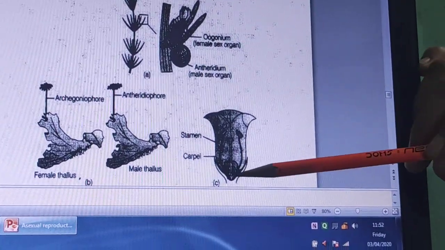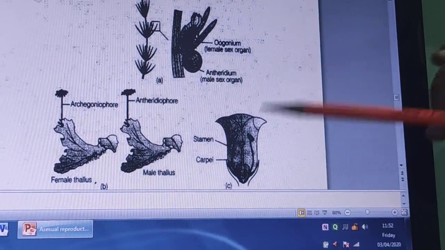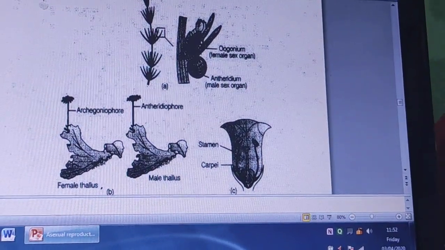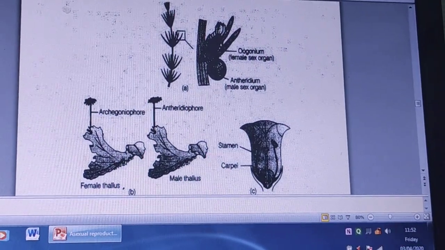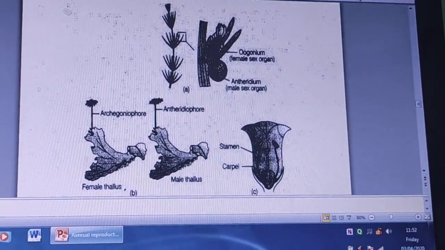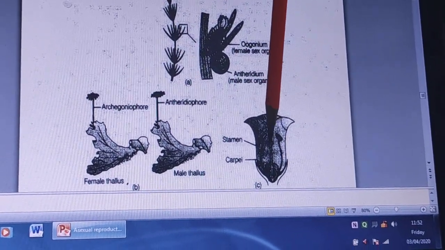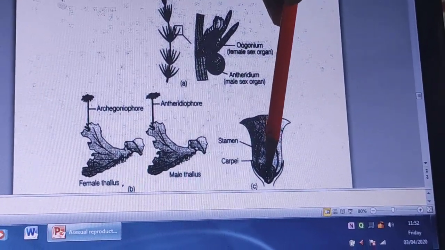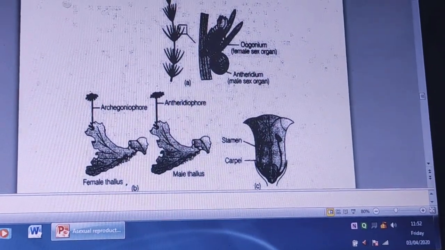The ovule is present inside the ovary, and inside the ovule the egg is present. So that means the male gametes present inside the pollen grain released from the anther need to reach this egg. So how this transfer takes place, that we will discuss here.